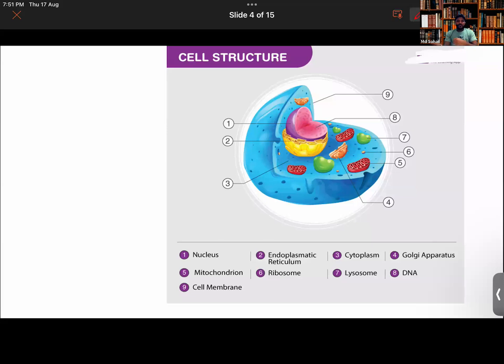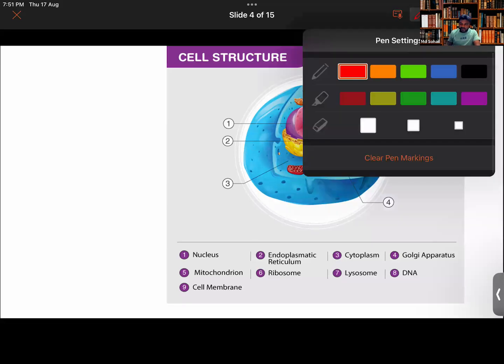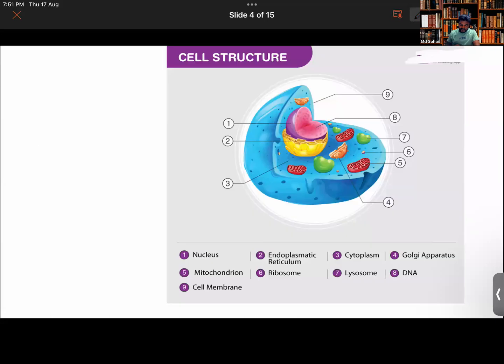Now, if you talk about the number of cells, based on the number, organisms have been classified into two. Okay, let me write it over here. Variety of cells on the basis of number.